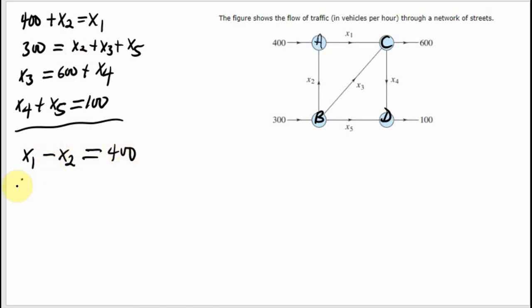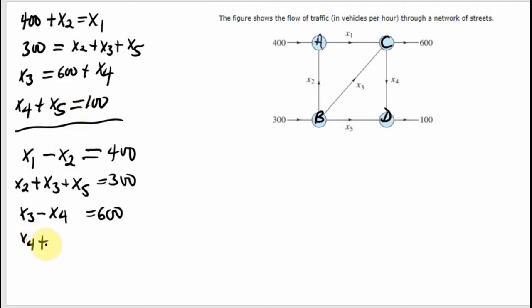The second equation is x sub 2 plus x sub 3 plus x sub 5 is equal to 300. The next one, x sub 3 minus x sub 4 is equal to 600. I'm basically just getting the variables on one side and the constants on the opposite side. Then that last equation is done for us.